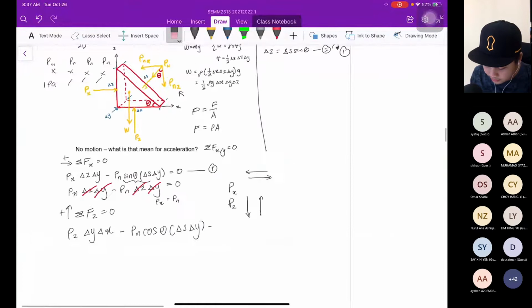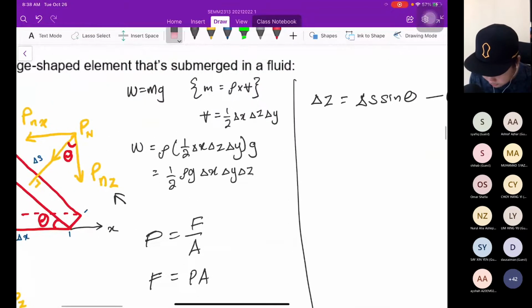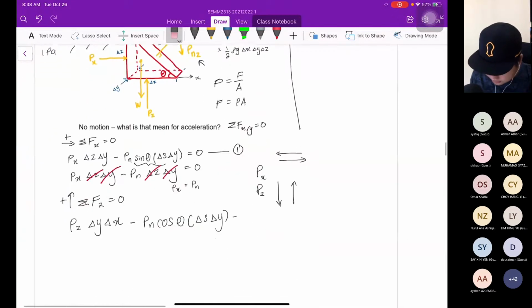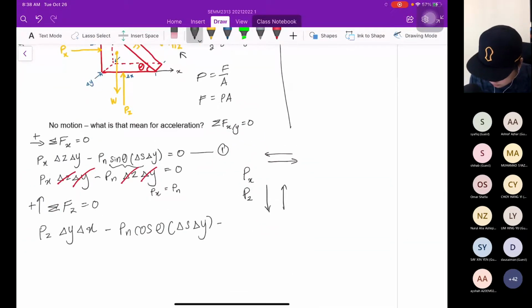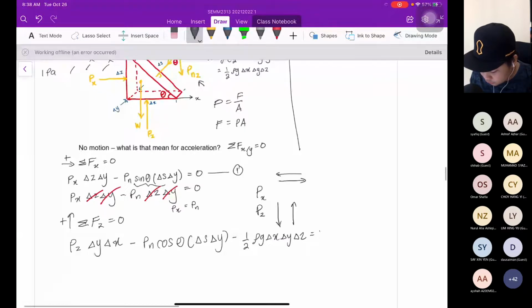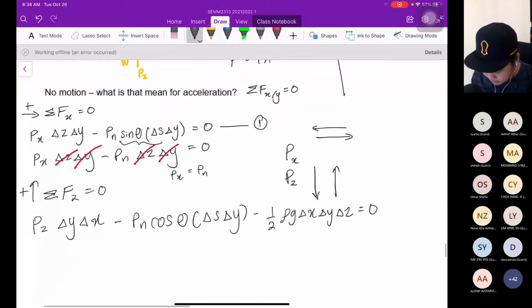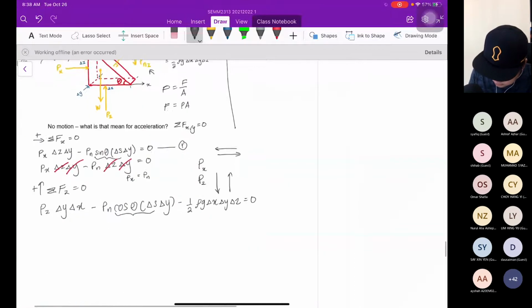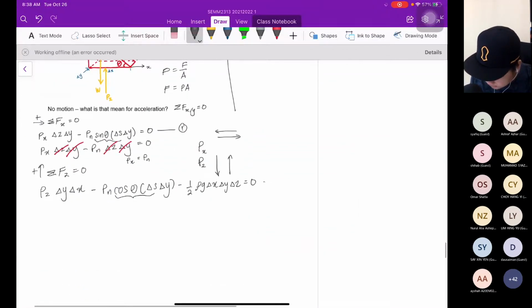And then minus weight. So what is weight? This is what we derived, which is half rho G delta X delta Y delta Z. So now equal to 0. So what should I do to eliminate cos here? I don't want cos. How to eliminate cos theta delta S? Again, let's say this is equation 3.